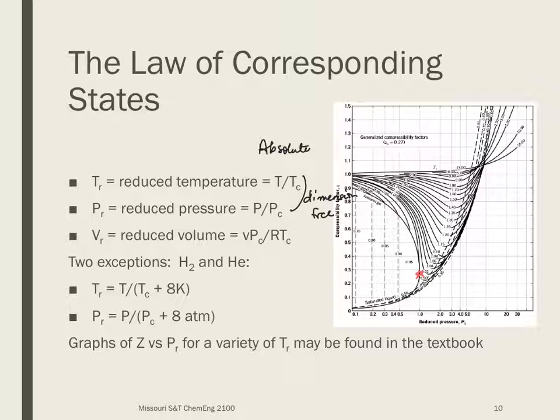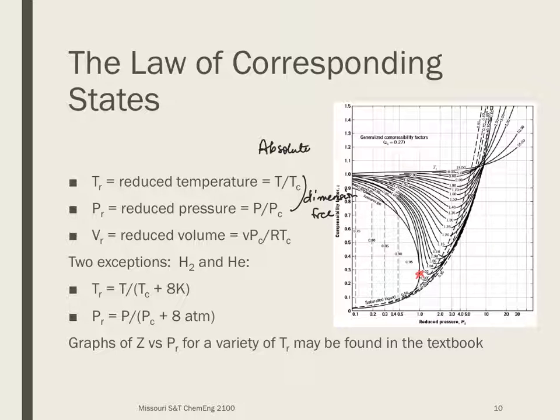So in other words, if I'm using degrees Kelvin for the critical, I have to use degrees Kelvin for the actual temperature. Similarly for pressure, I use atmospheres for both or kilopascals for both, but I have to make sure that the units cancel.